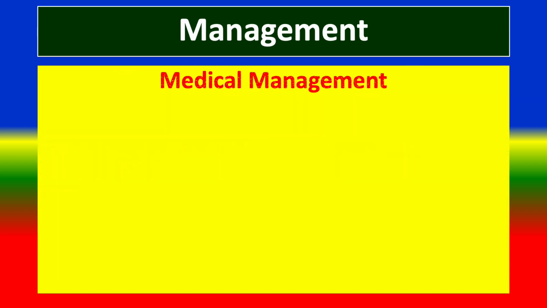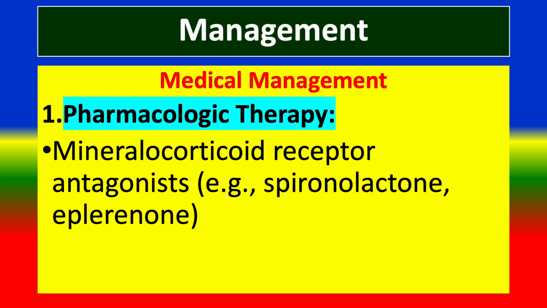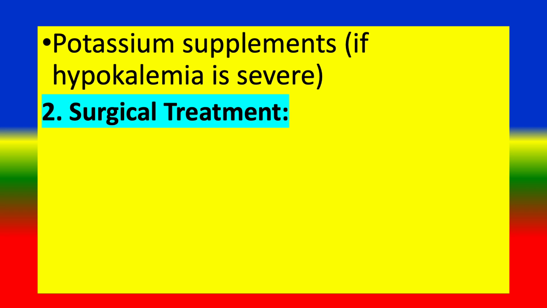Disease management. First, medical management. 1. Pharmacological therapy: mineralocorticoid receptor antagonists, for example spironolactone and eplerenone. Potassium supplements if hypokalemia is severe. 2.